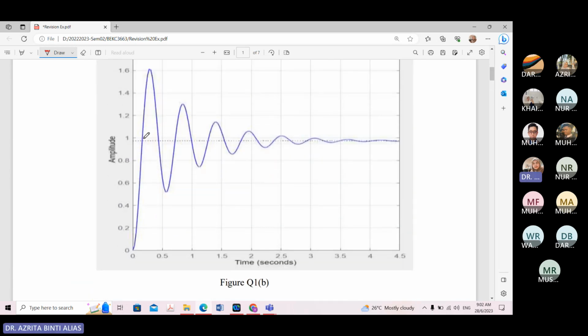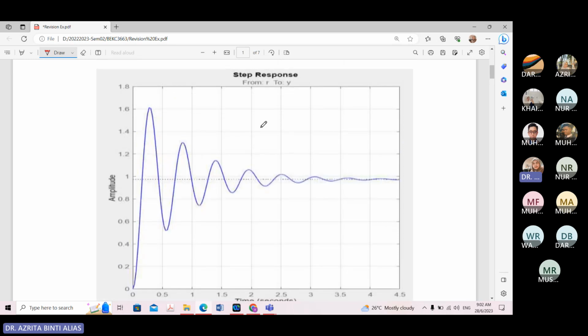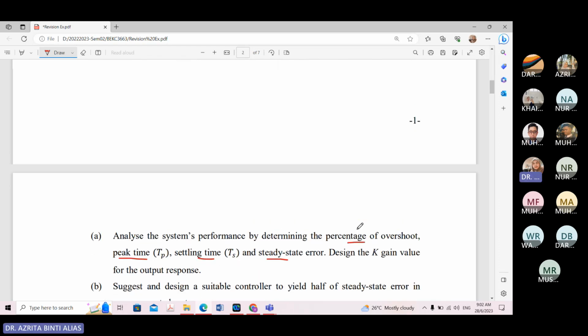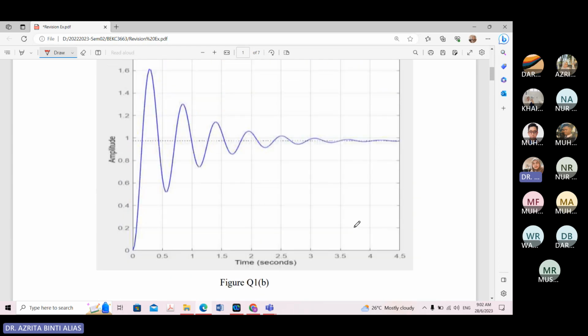Okay, so this is the output response. If you remember in control system engineering, we already learned how to obtain the TP, TS, and percentage of overshoot by using the output response graph. So the question asks us to find the percentage of overshoot.